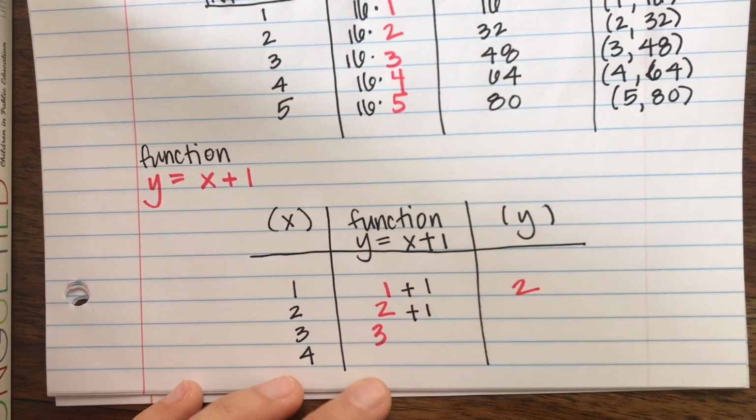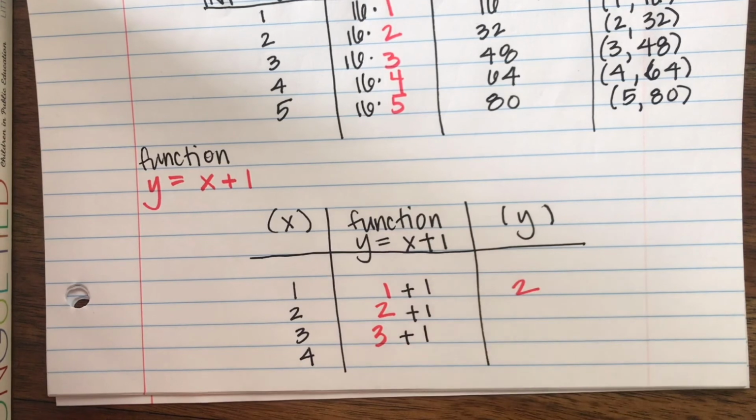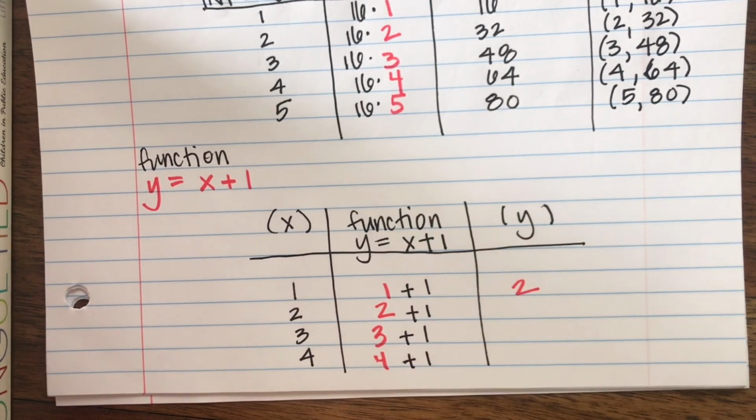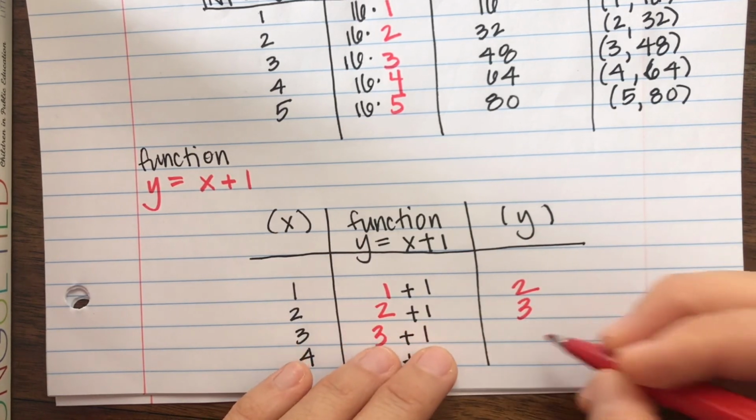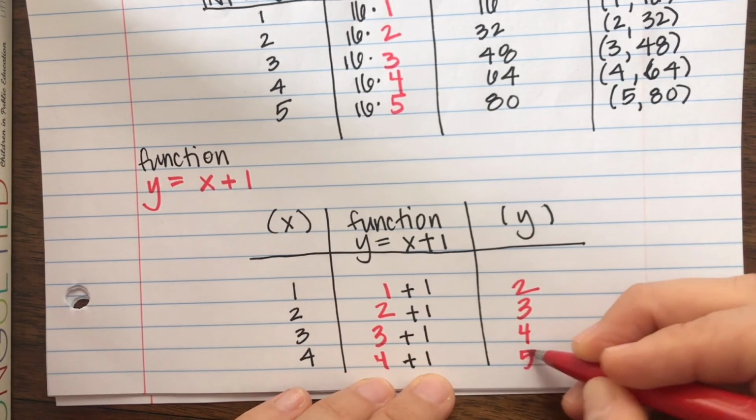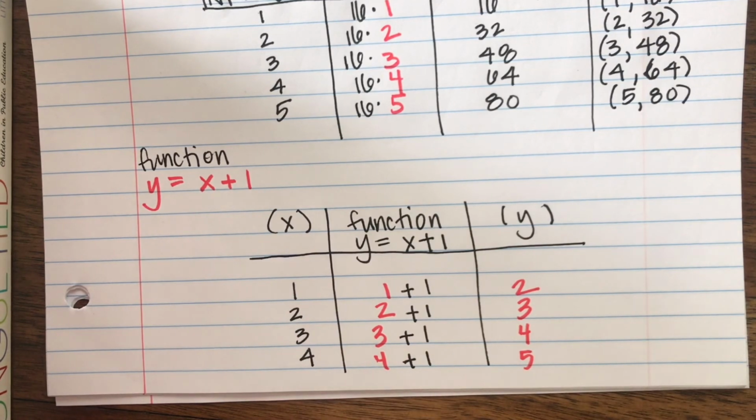So all you have to do here is substitute. And 4 plus 1, and my y values are 2, 3, 4, and 5. And there you go. Is it wrong to choose 1, 2, 3, and 4? Absolutely not, because you can work with these x-coordinate values, and then you'll be plotting them after that.